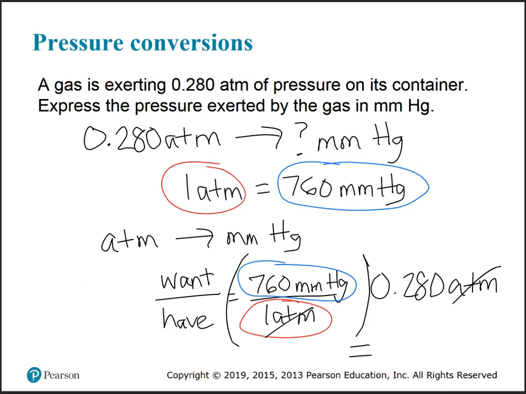Try putting that into your calculator and tell me what you get. Yep. So your calculator is going to say something like 212.8. But we need to have 3 sig figs here because our initial information has 3 sig figs.